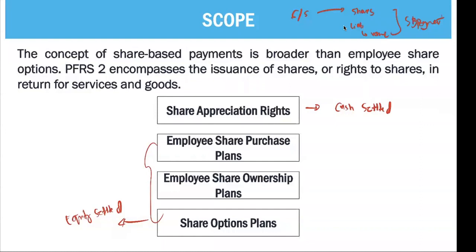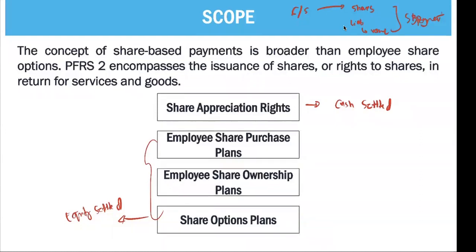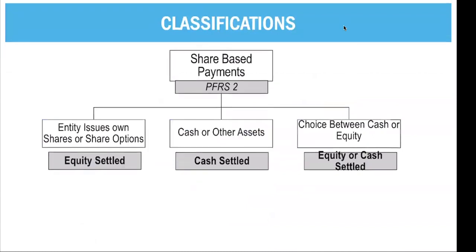So our main issue now is when do we classify it as cash settled and when as equity settled? Here are the different classifications of share-based payments under PFRS 2. If you will issue your own shares or share options, it is known as equity settled. These are your share option plans.